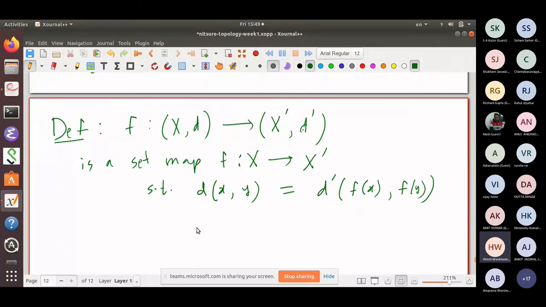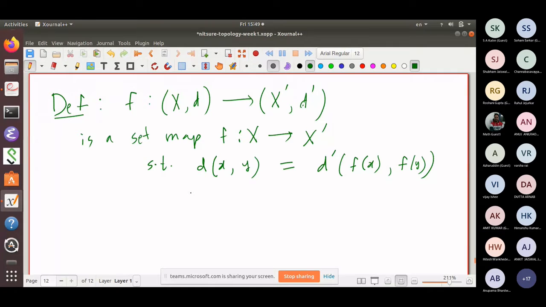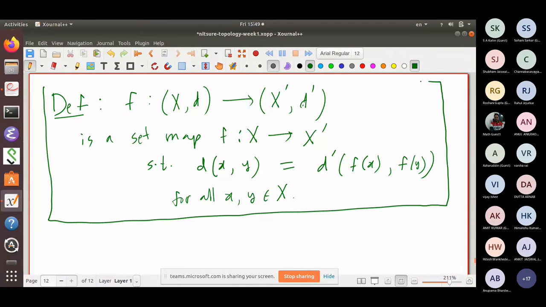So such that for all x, y belonging to X. So this is one definition. This definition has a name. We say that f is distance preserving.